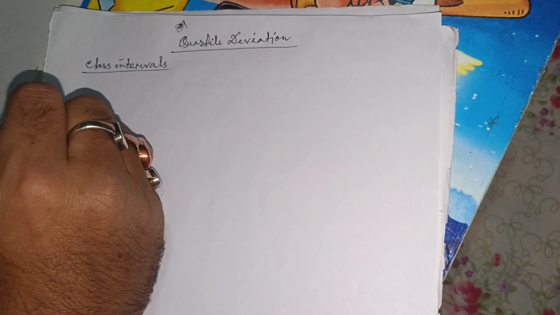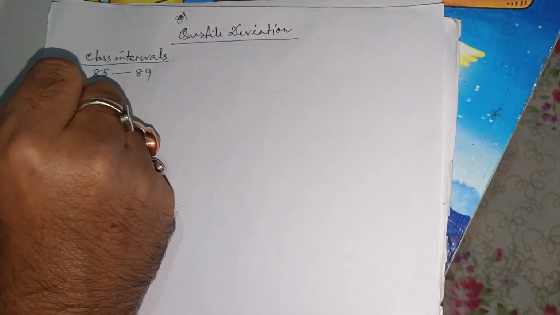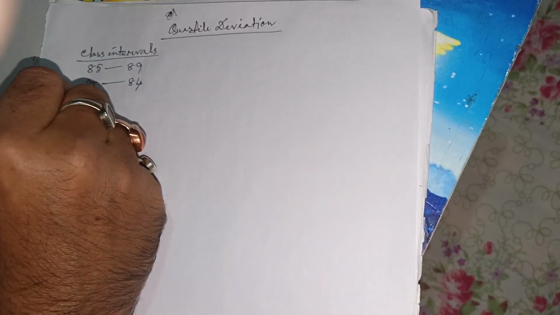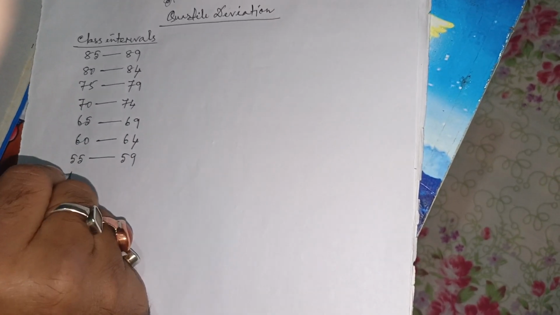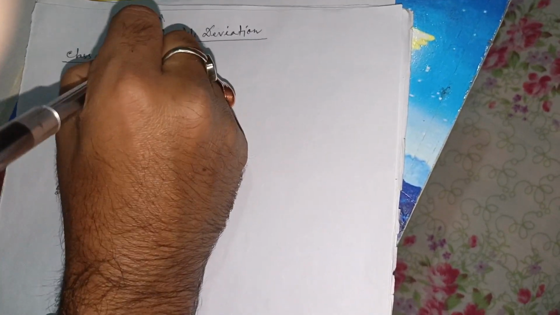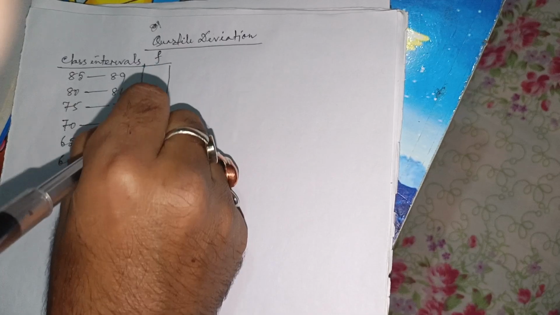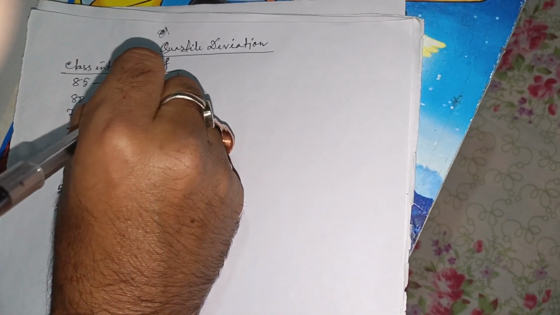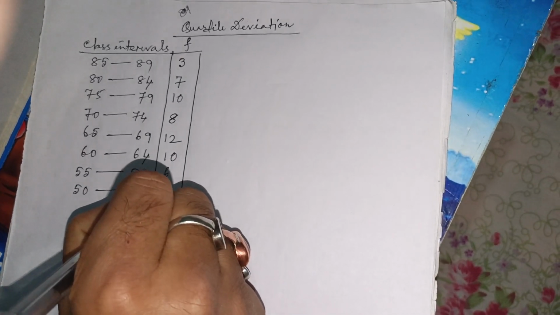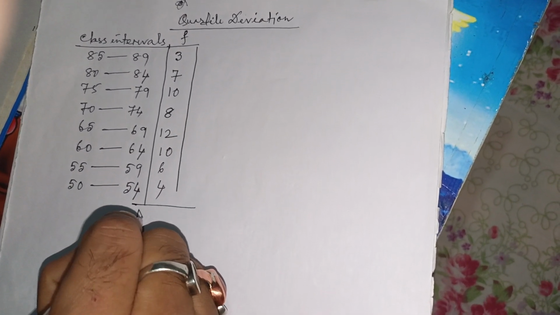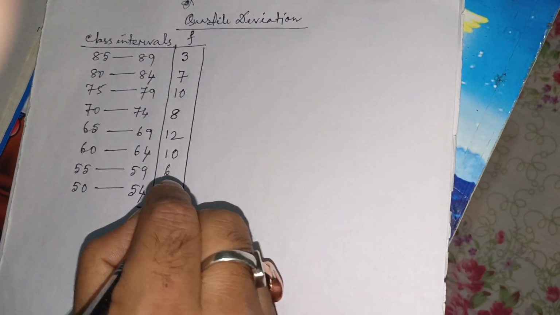Suppose 85 to 89, 80 to 84, 75 to 79, 70 to 74, 65 to 69, 60 to 64, then 55 to 59, and 50 to 54. So the frequencies are given: 3, 7, 10, 8, 12, then again 10, 6, and 4. And n is given, that is 60.